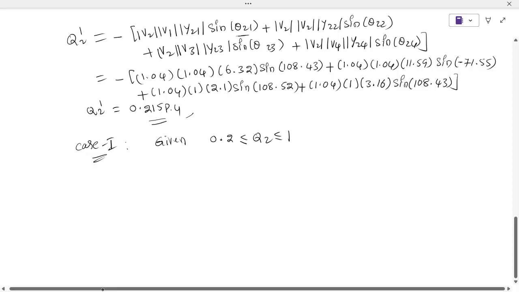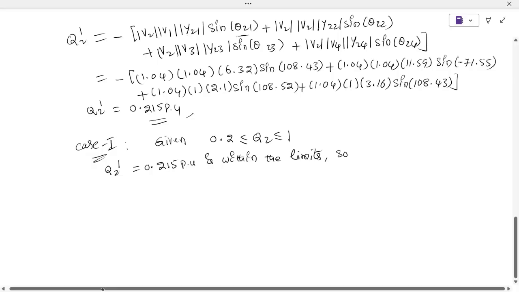So now we write here: calculated value Q21 equal to 0.215 per unit is within the reactive power limits.